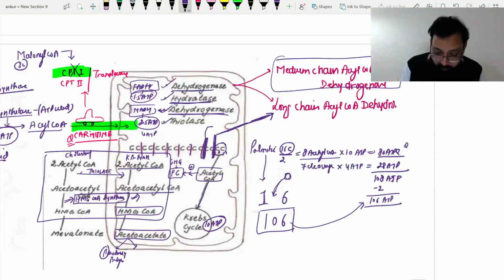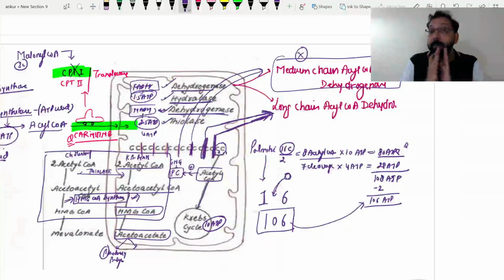The second cut is also done by long chain dehydrogenase. Further cuts, when a 12 carbon fatty acid is left, are done by medium chain acyl coenzyme dehydrogenase. If this enzyme is deficient, then beta oxidation would not be complete.